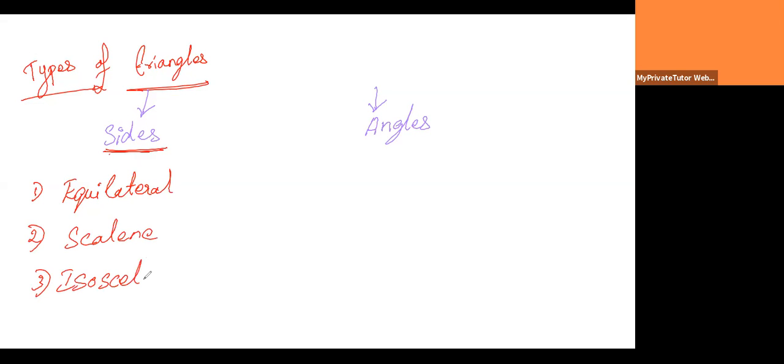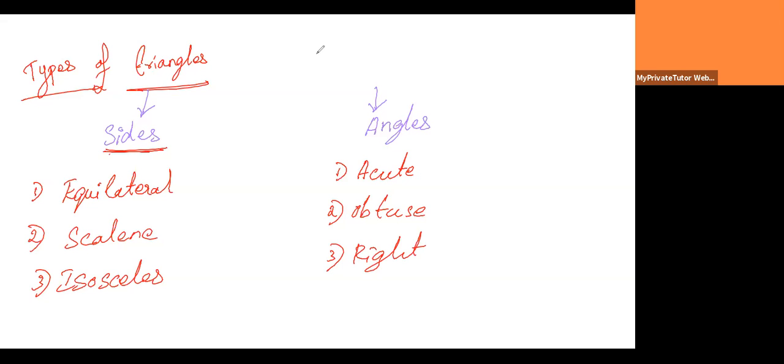Based on angles, we have acute, obtuse, and right angle. Yes, we can say all these six are the types of triangles, but we have to separate types based on sides and based on angles.